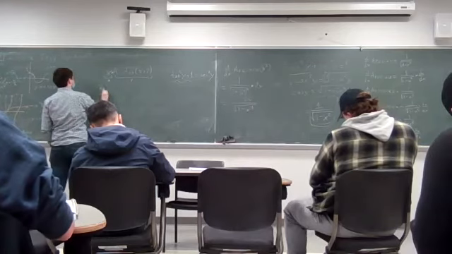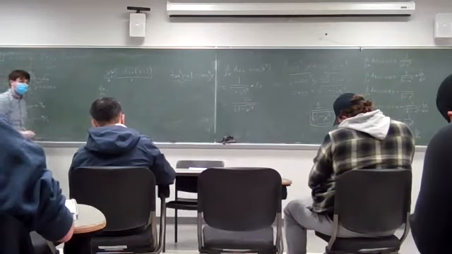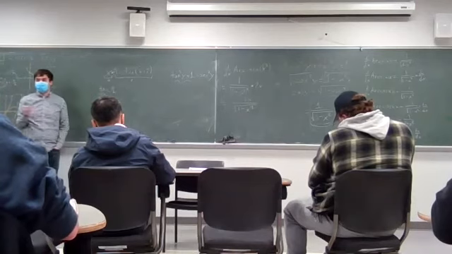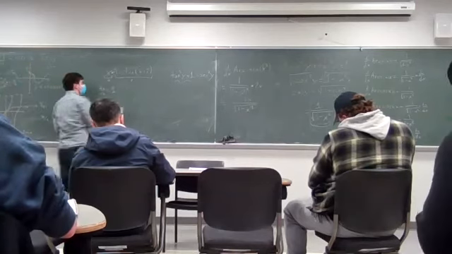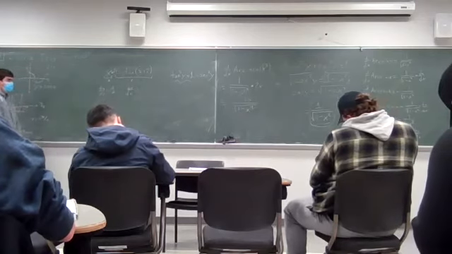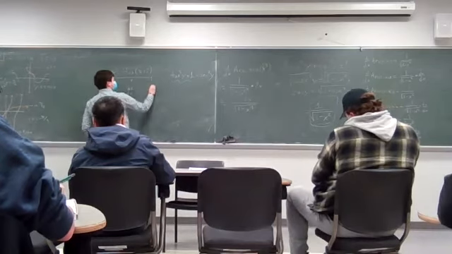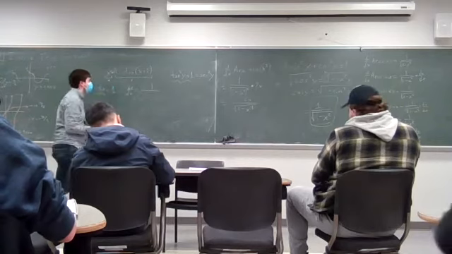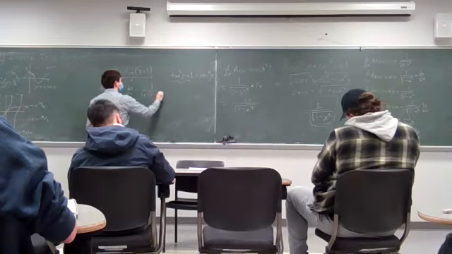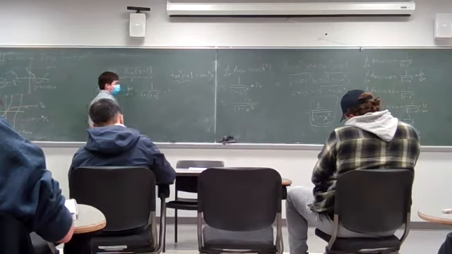What's du over dx? Just 1, right? Because u is x in this case, so the derivative of u with respect to x is 1. What's dv over dx? The derivative of x plus 2 is just 1.